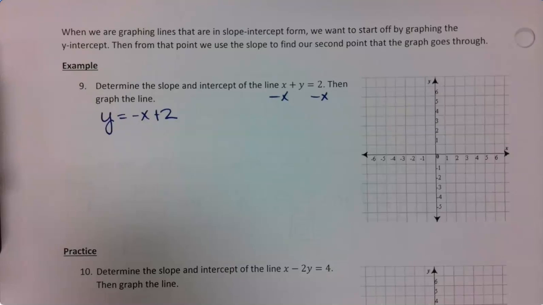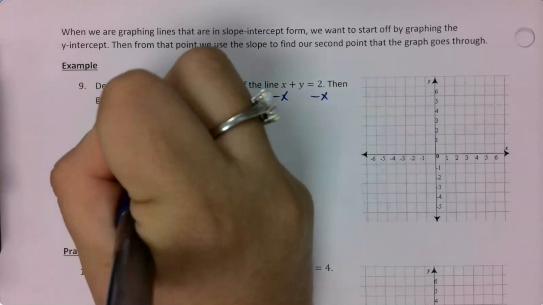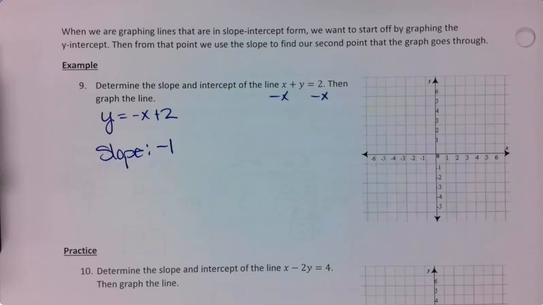Okay, so what is my slope? Negative 1. Remember, this is always the number in front of the x.